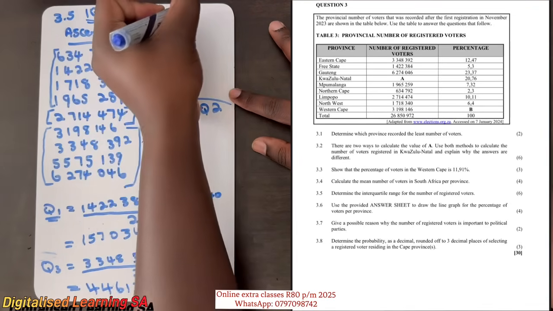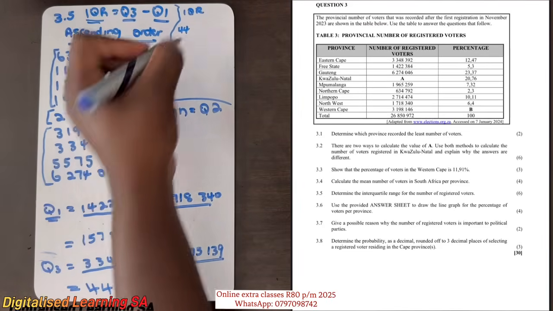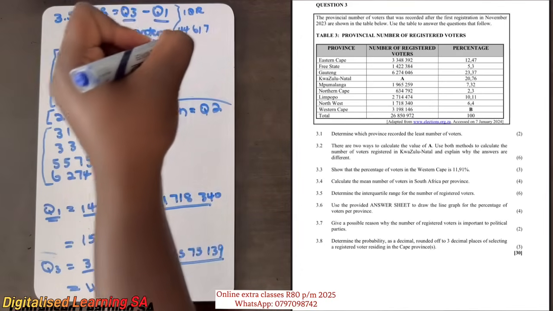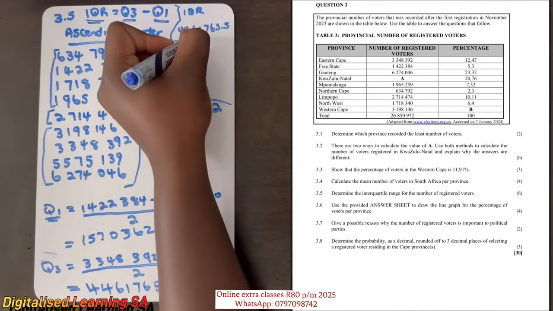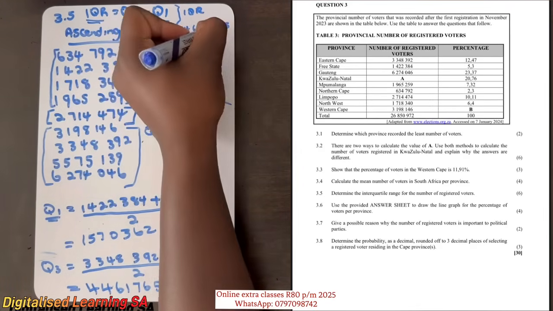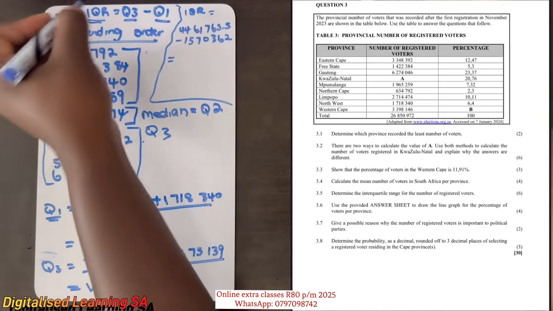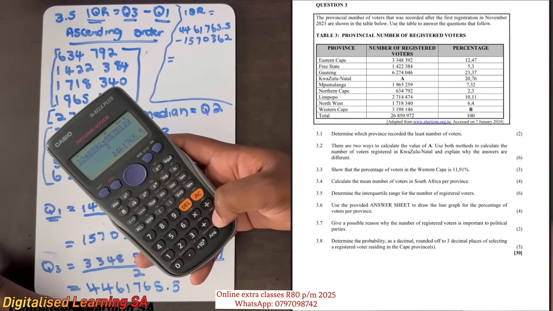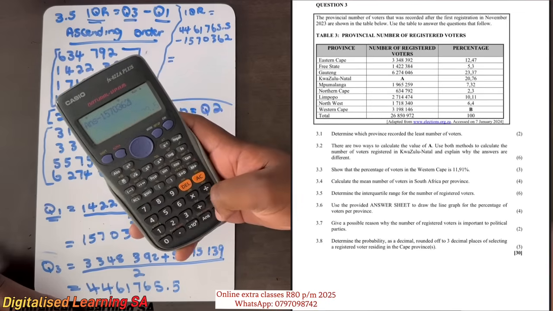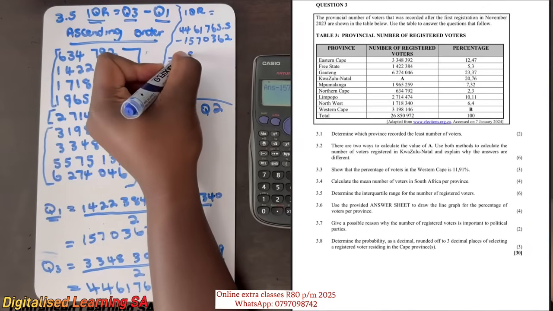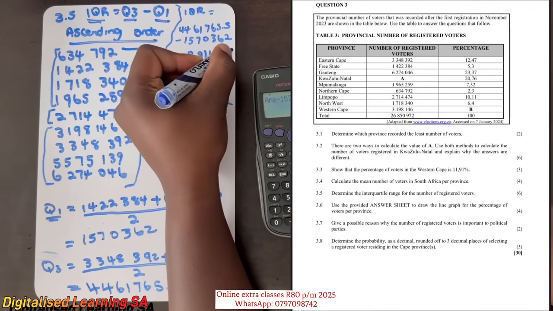So in this case, to get our interquartile range, we are going to say 4461765.5 minus 1570362, and our answer will be 2891403.5.